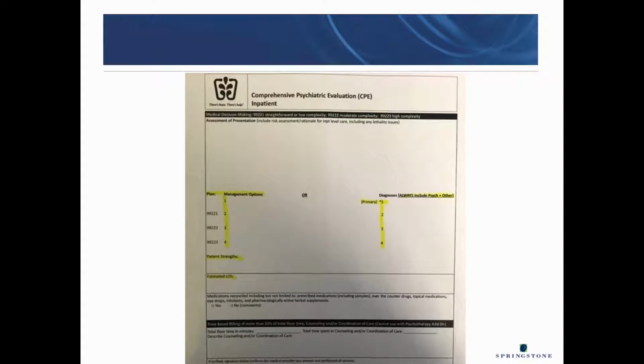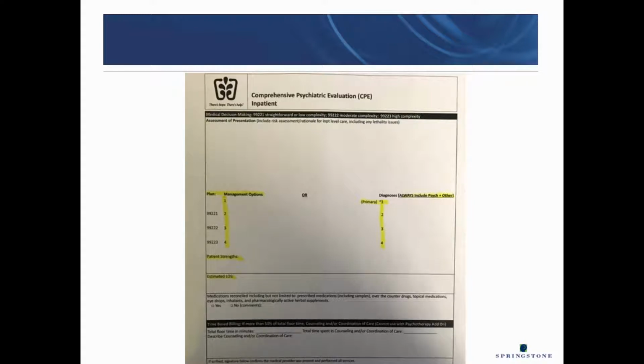So you first determine the nature of the presenting problem, in other words, the complexity of the visit, and you know that pretty quickly as you're talking with the patient. And then based on that, you decide the level of the bill you're going to be submitting. And then once you know the level, then you start documenting to meet the requirements for that level.